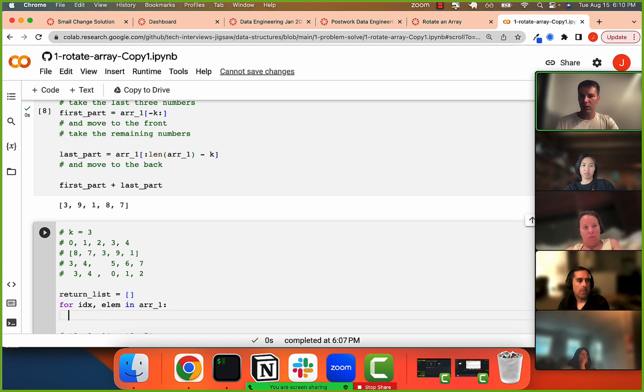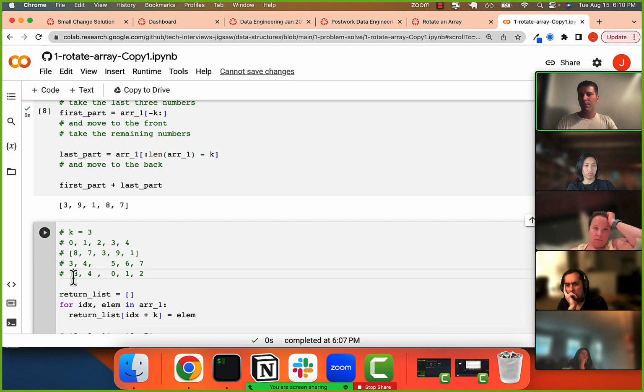I'm going to go through each one of these numbers and say that this element should be in the third slot. So what I want to do is say return list of index plus k equals the element.